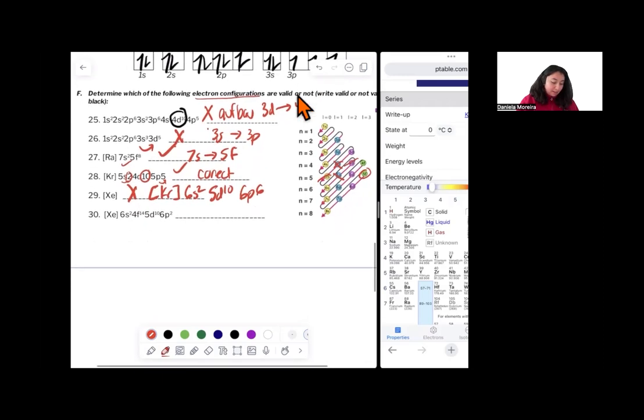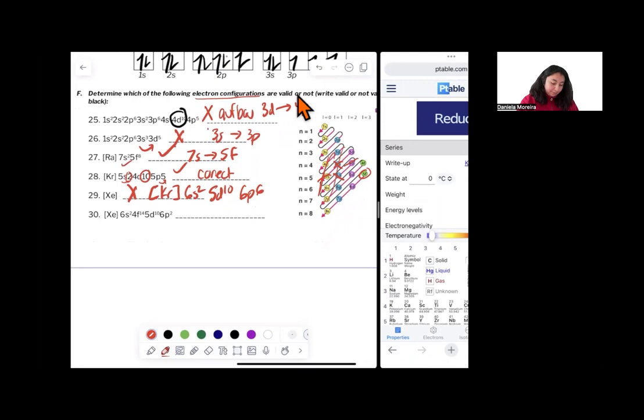It's incorrect. For the next one, we follow the filling rule: 6s2, 4f14, 5d10, 6p2. This is possible because it follows Aufbau. Great.